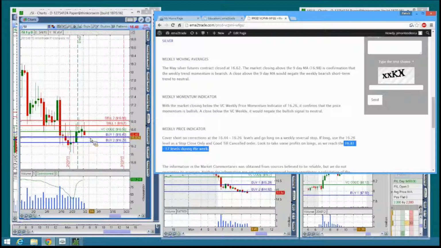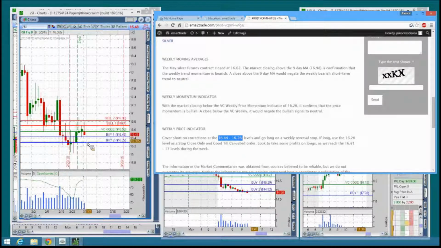This is where you would cover any short positions that you have or strategies and start reversing to go long. This coincides as well with the weekly algorithms of 1644 to 1626.